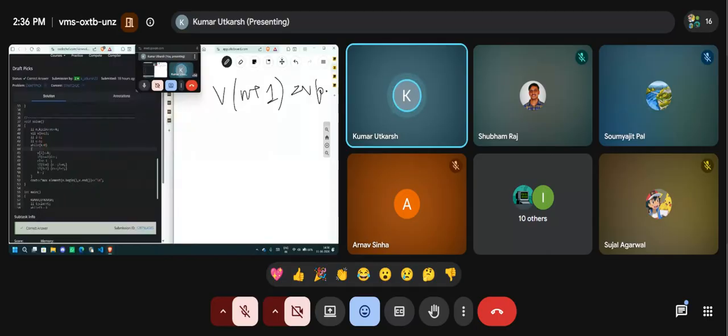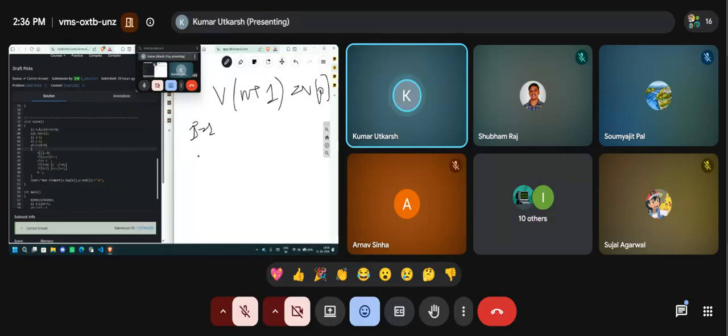Then we are taking i equal to 1, and we are putting values in each index, and till k is greater than 0, that is, we have some cards left, we put all the 1, then 2, then 3, till it is less than n, right?